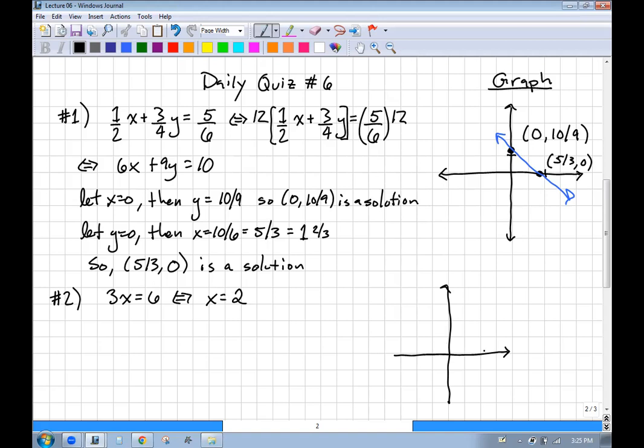Well, that's easy right here, 1, 2. Every single point on this vertical line has an x value equal to 2. Like this point here, this is 2, 2. This point here is 2, -1. This point right here is 2, 0.